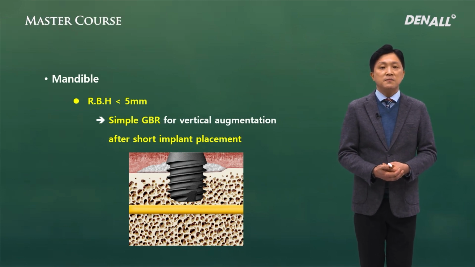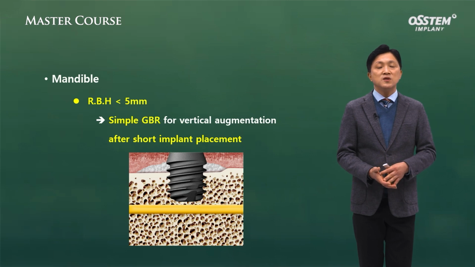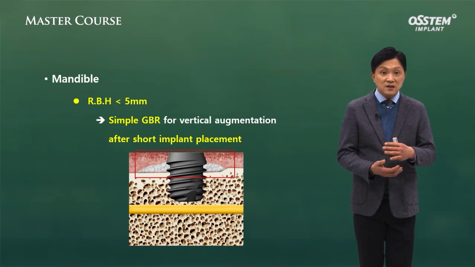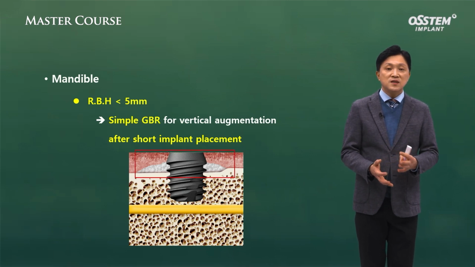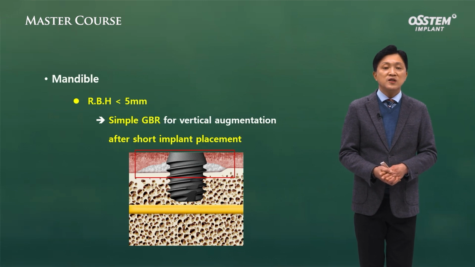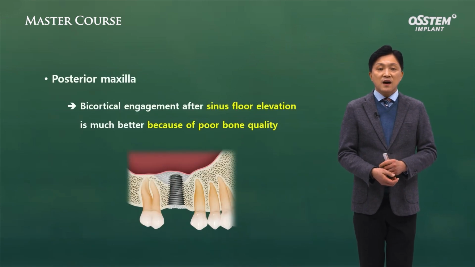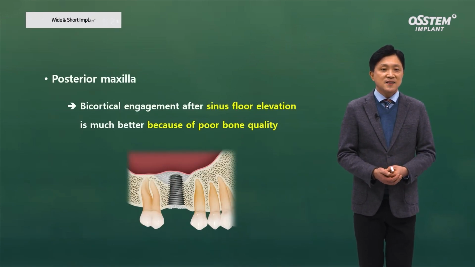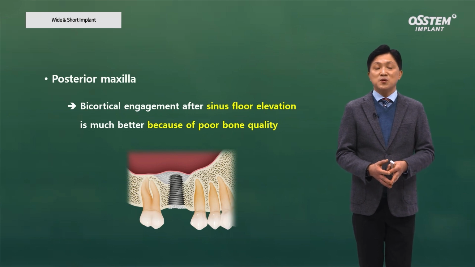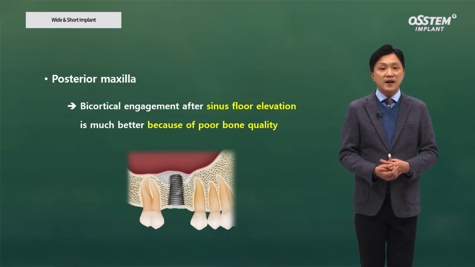Along with that, a GBR procedure can be done, a minor GBR. You could just increase bone height so that the implant can be surrounded by bone. That would be a very good option. And for the maxillary side, cortical fixation after doing sinus elevation would be a good approach.